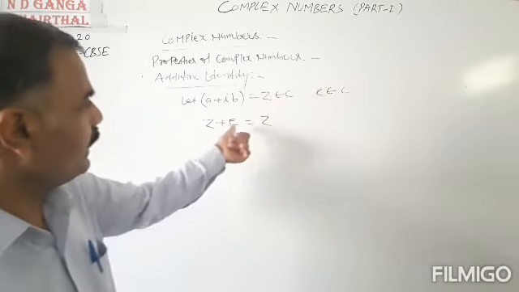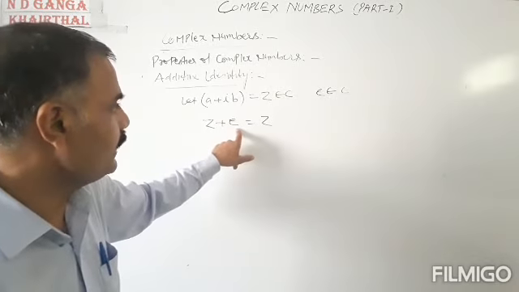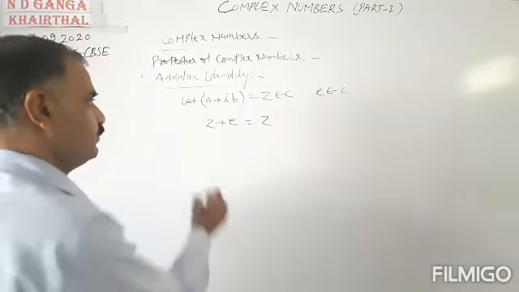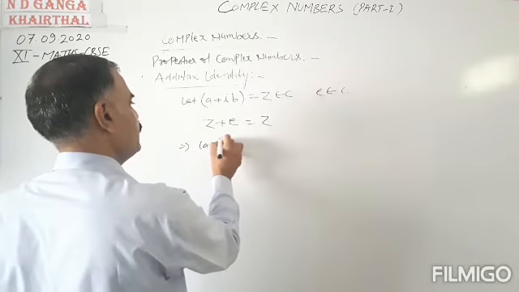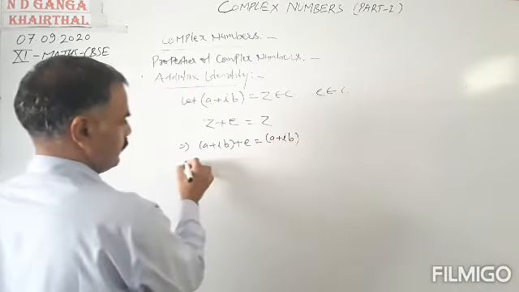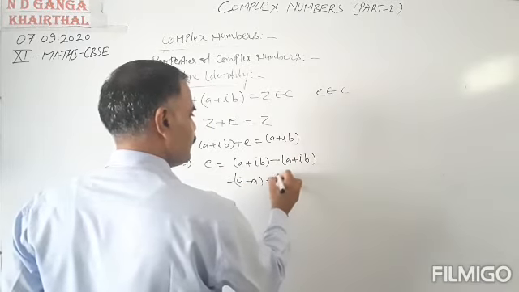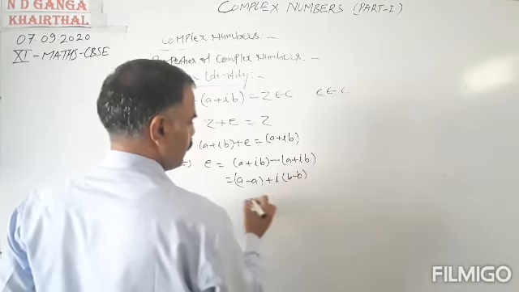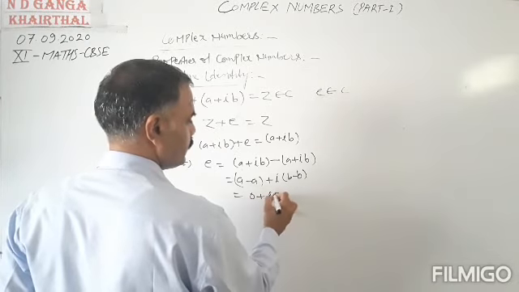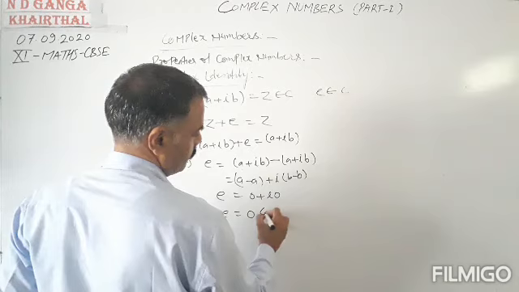It means when we add e to z, we get z itself. So a plus iota b plus e is equal to a plus iota b. It means e is equal to a plus iota b minus a plus iota b. So a minus a, iota b minus b, equals 0 plus iota 0. E equals the 0 complex number.